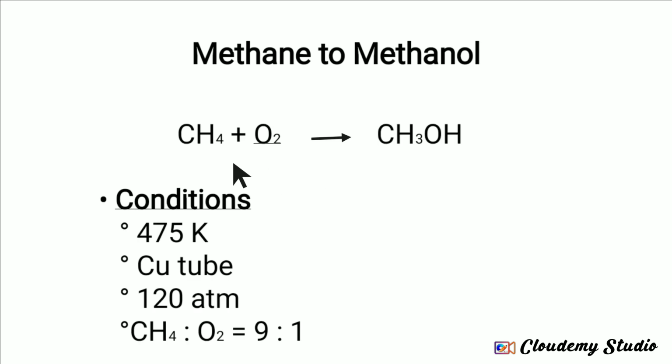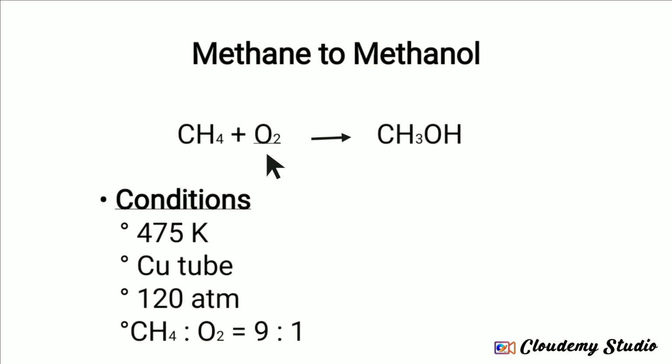To carry out the reaction, that is to form methanol, methane has to react with oxygen under these conditions. These conditions need to be fulfilled. The first condition, what is that?